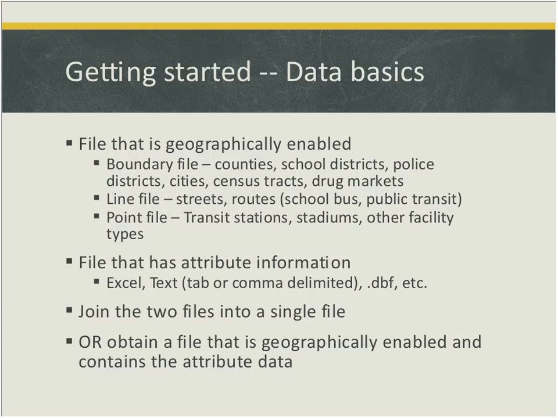So let's say you get one of these stem files, let's say counties, for example, and now you have to add the attribute data that you want to study. Are you interested in opioid overdoses? Are you interested in violent crime, property crime, gun seizures, whatever it is?